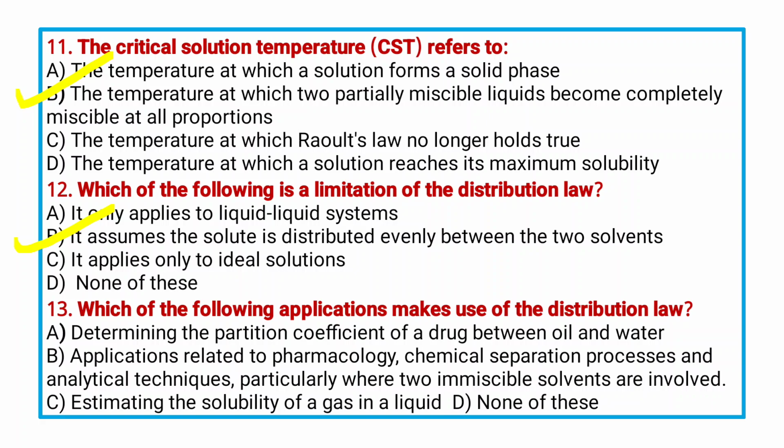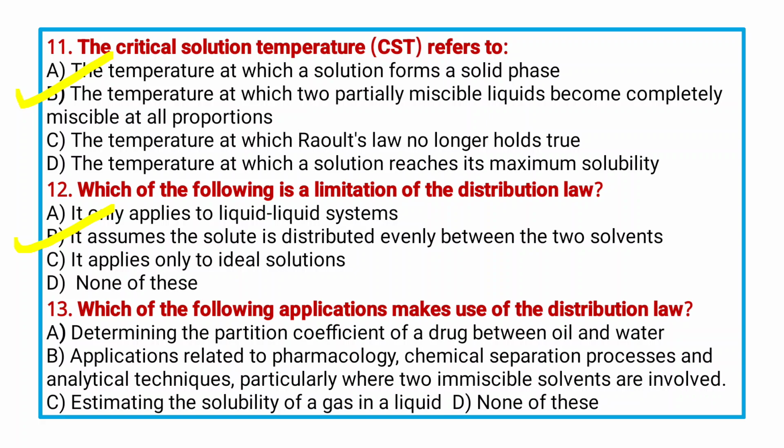So which of the following applications makes use of the distribution law? Determining the partition coefficient of a drug between oil and water, two solvents. Another, applications related to pharmacology, chemical separation processes and analytical techniques, particularly where two immiscible solvents are involved.